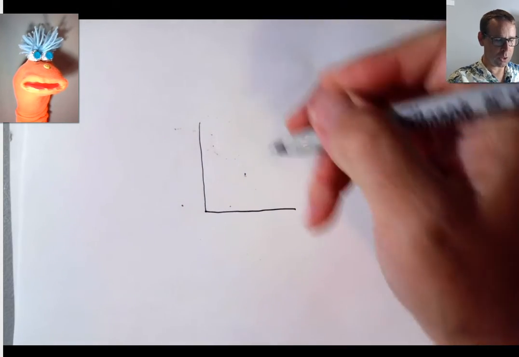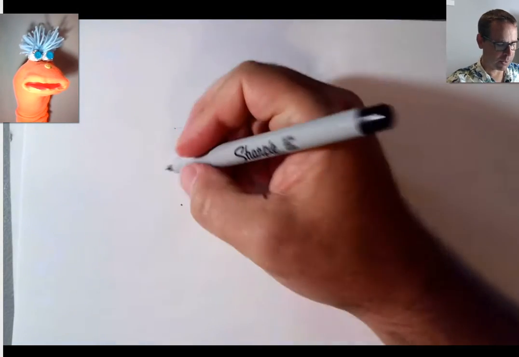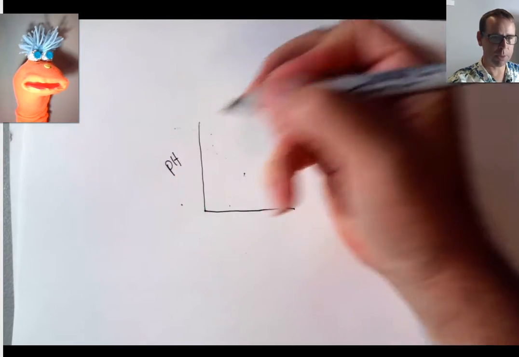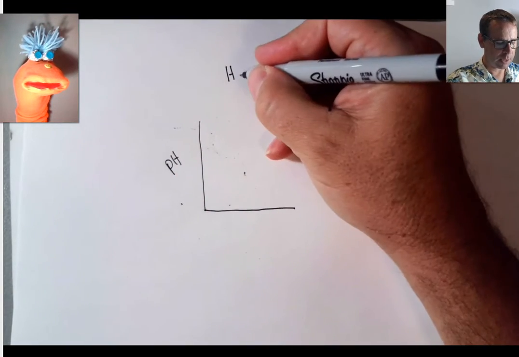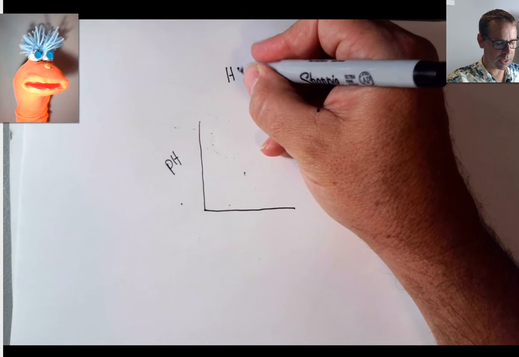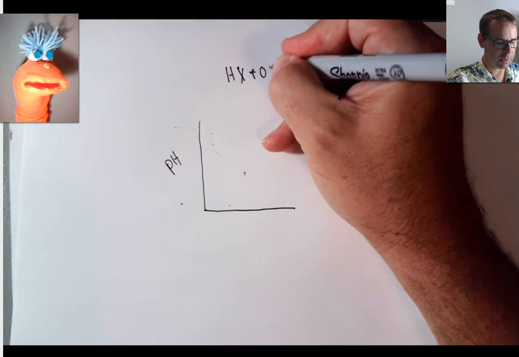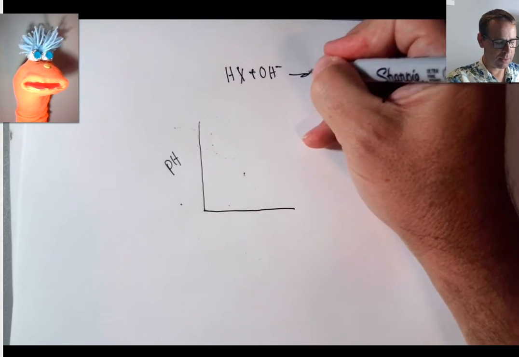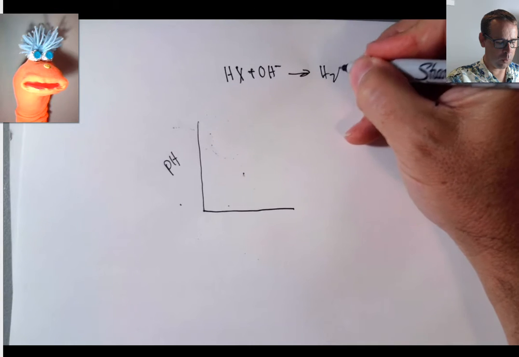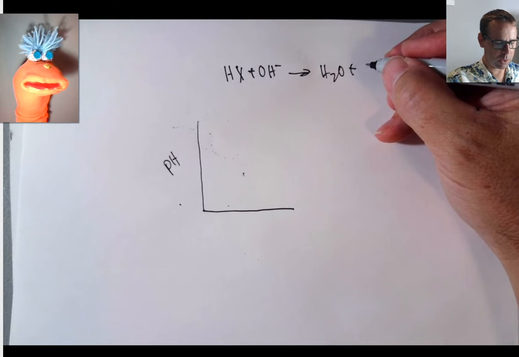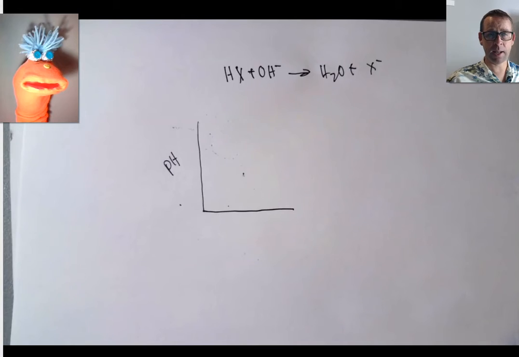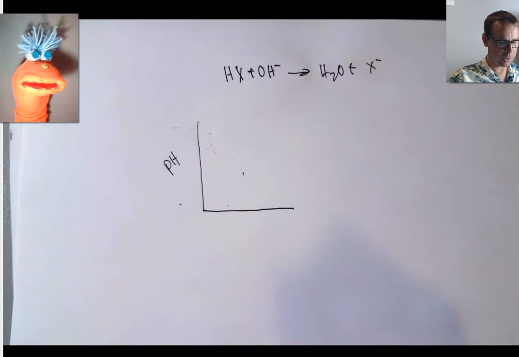All right. So let's say I have a reaction where I'm monitoring pH, and I have an acid, HX, and I'm adding base, and I'm going to form water and leave behind the anion there, right?